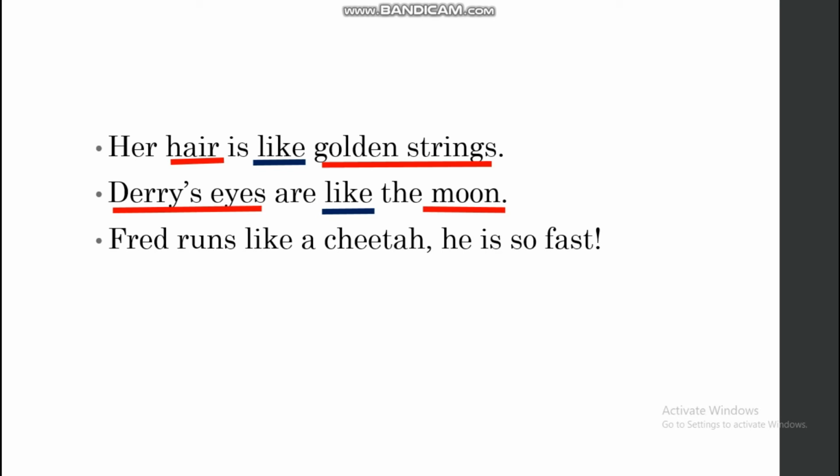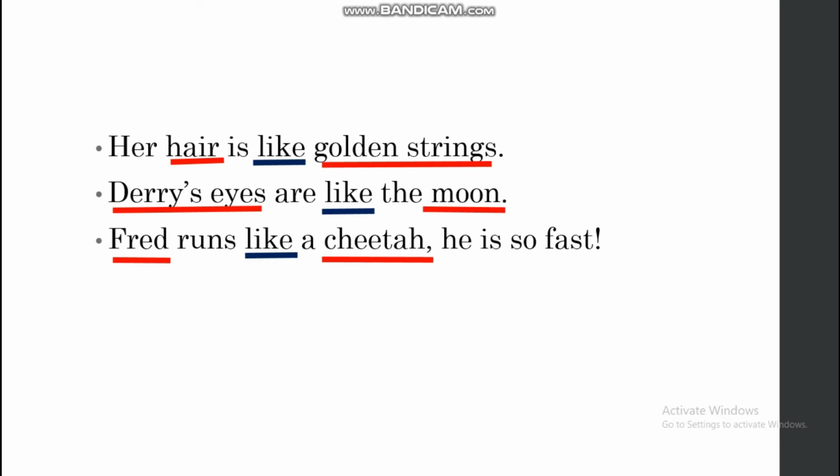Next sentence, Fred runs like a cheetah. He is so fast. Fred and cheetah. We used like. This sentence means that Fred really runs so fast. It doesn't mean that Fred is a cheetah.